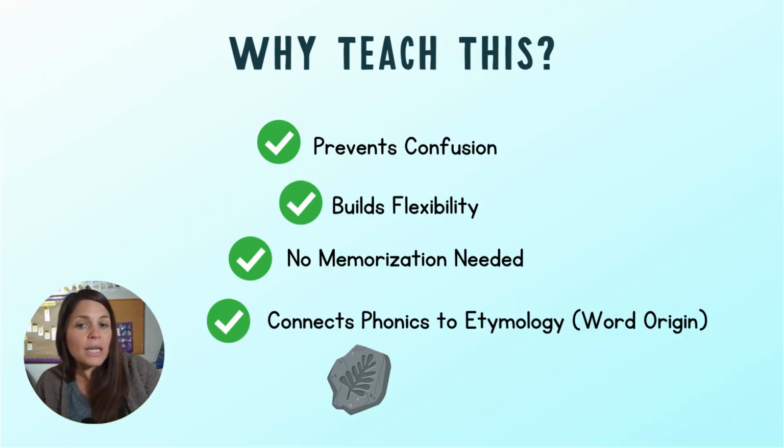Even when pronunciations changed over the last few hundred years, the spellings remained the same. I like to explain it like the spellings were etched in stone, which is actually our dictionaries. That's why we call them fossils. Just like fossils are etched in stone, the spellings of these old words are in our dictionaries, even though we pronounce them differently. So that's why we want to teach kids closed syllable exceptions.